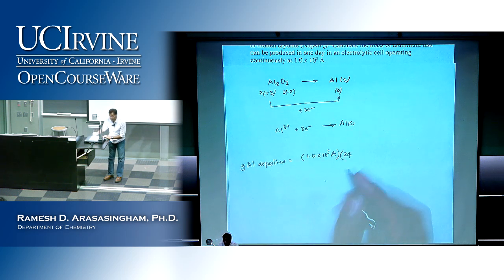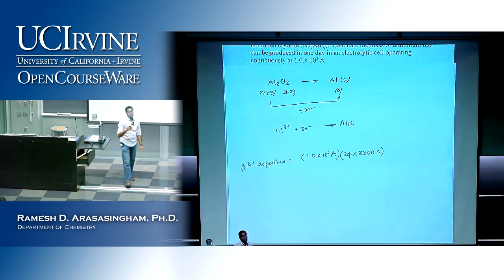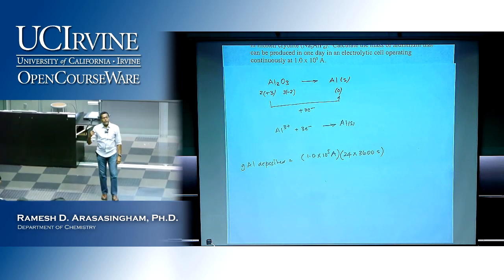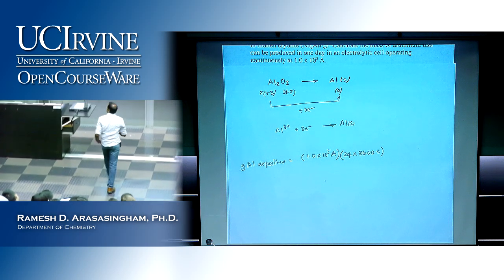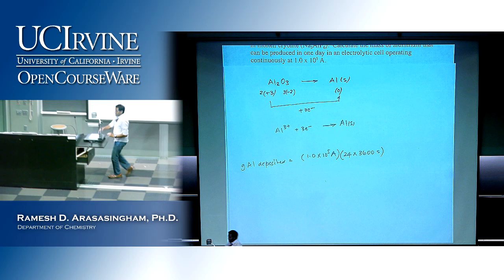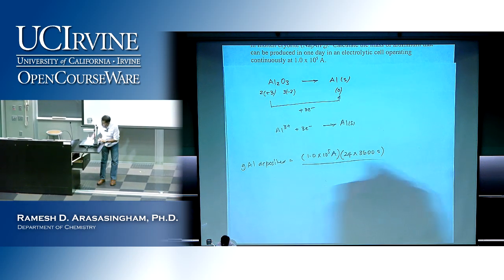I have to give this in seconds, so I'm going to convert 24 hours to seconds: 24 hours, 60 minutes per hour, and then 60 seconds per minute. So that will be the time. If I multiply the current by the time, it's coulombs. I'm going to divide by Faraday's constant, which is 9.65 times 10 to the 4 coulombs per mole.